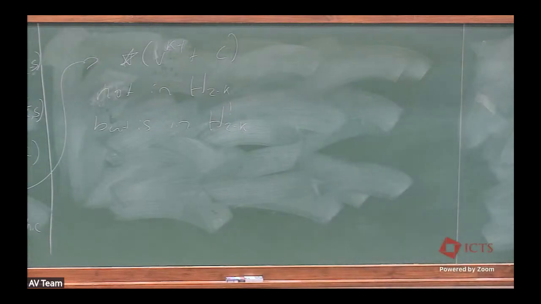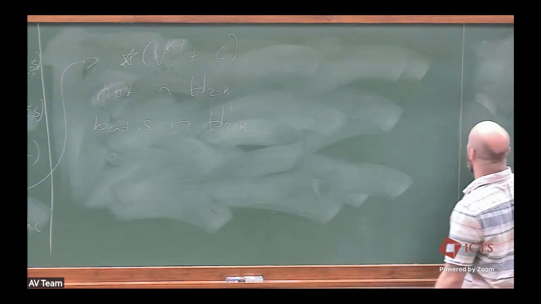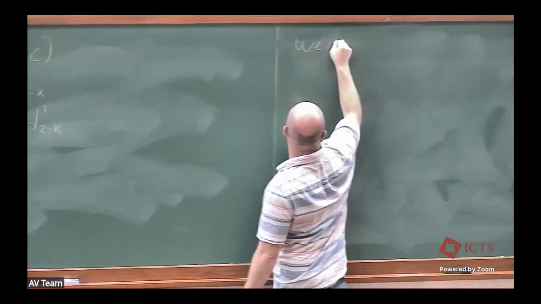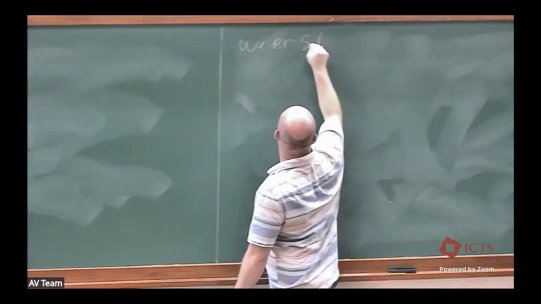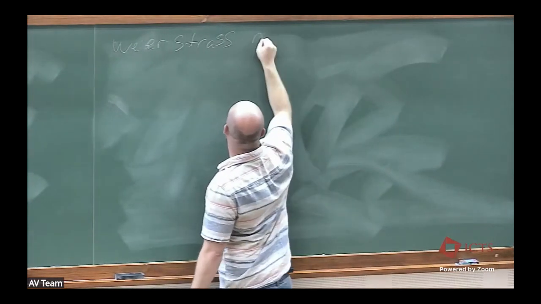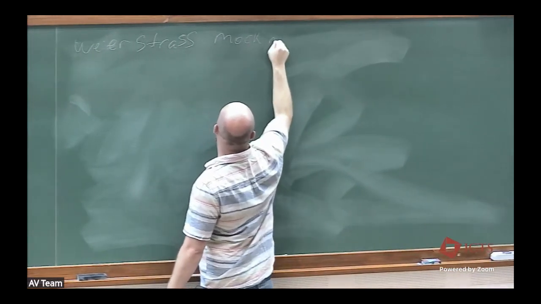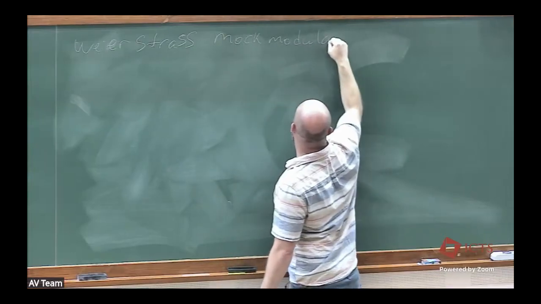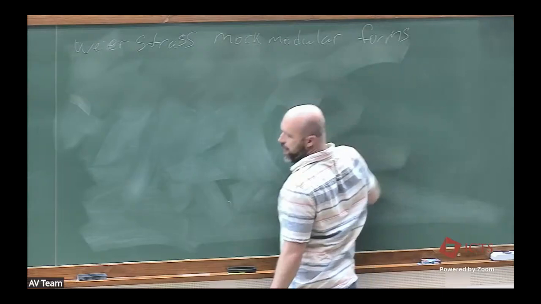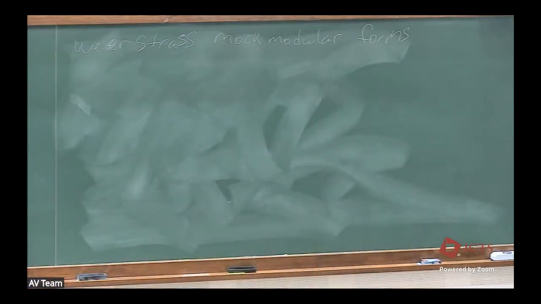The next example that I want to look at are things called Weierstrass Maass forms, or Weierstrass harmonic Maass modular forms. So this is my next example of harmonic Maass forms.